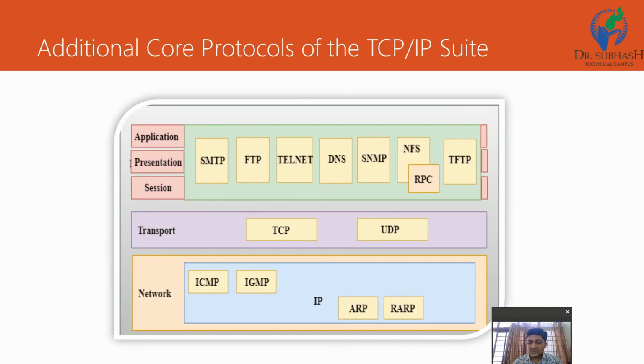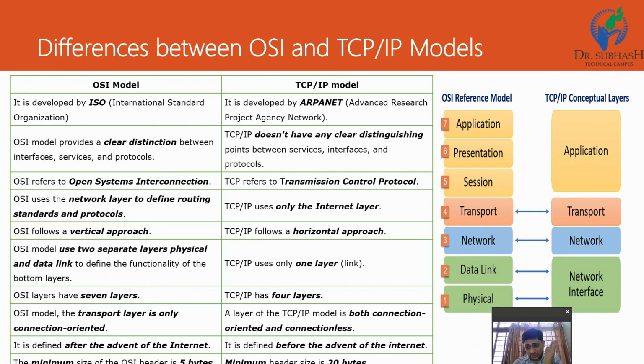It has multiple protocols: ICMP, IGMP, ARP, RARP, and IP that deal with the network layer. TCP and UDP deal with the transport layer. SMTP, FTP, Telnet, DNS, SNMP, NFS, TFTP deal with the application, presentation, and session layers of the OSI reference model. All 7 layers are combined in 4 layers, and it works smoothly.